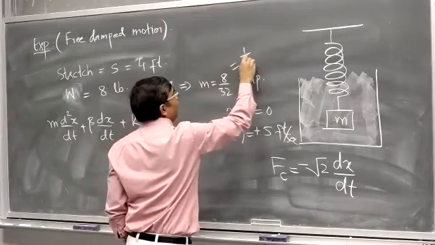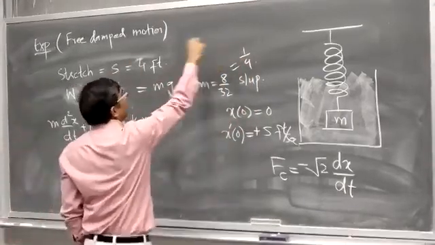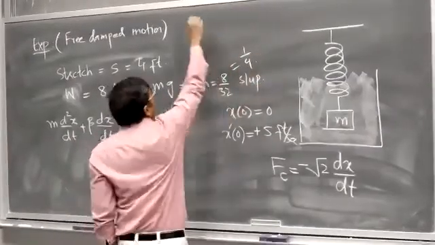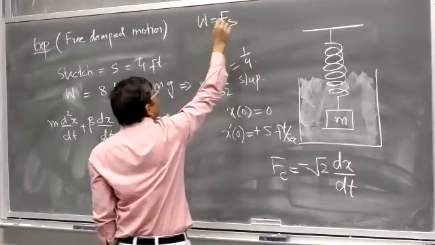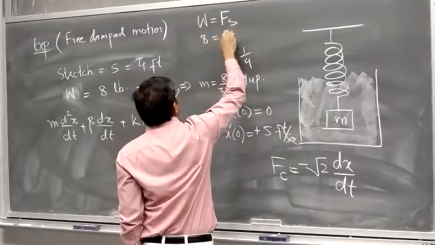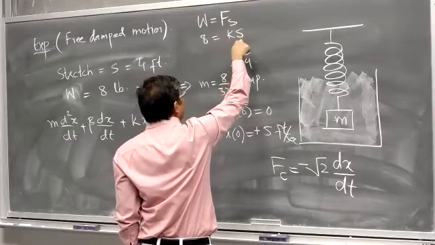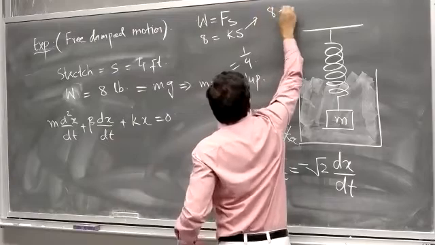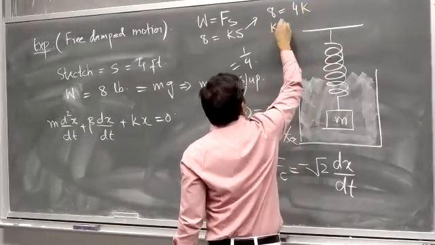And as we leave the mass from the equilibrium position, in equilibrium W is equal to Fs. W is 8, and Fs is k times S, with S being 4 feet. So we have 8 is equal to 4 times k, and the value of k is 2.